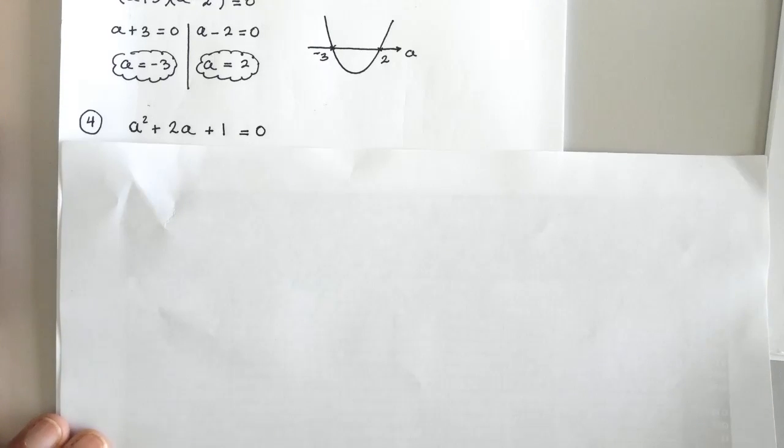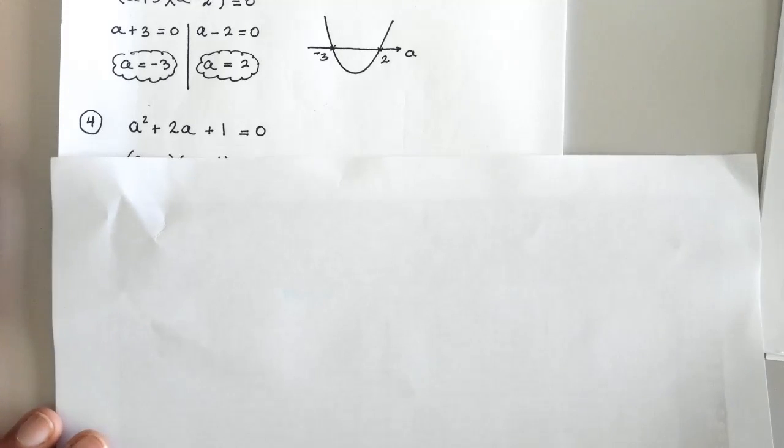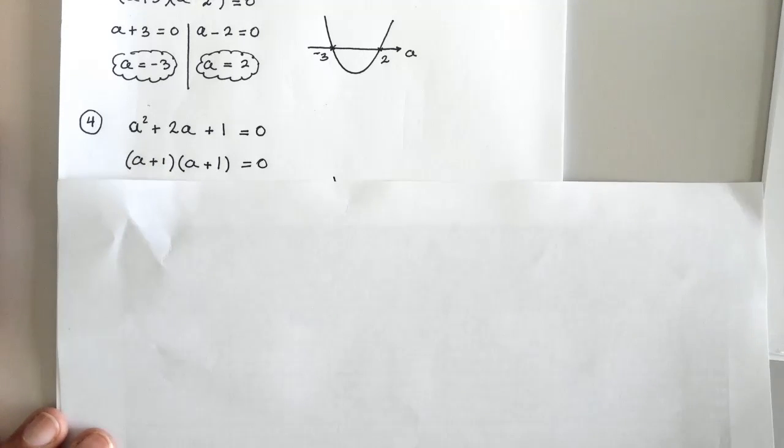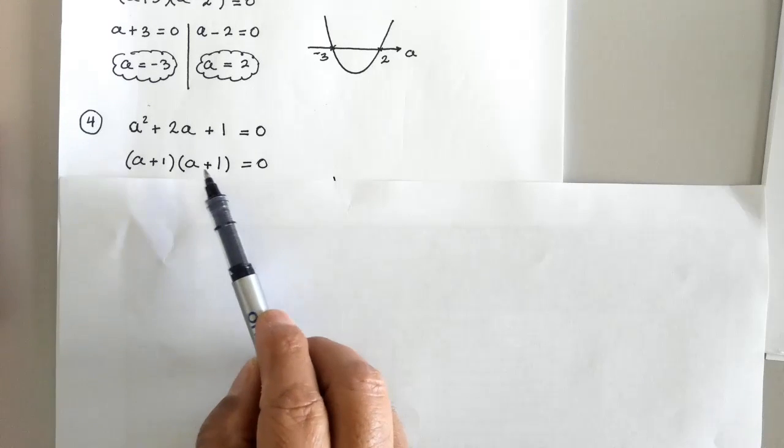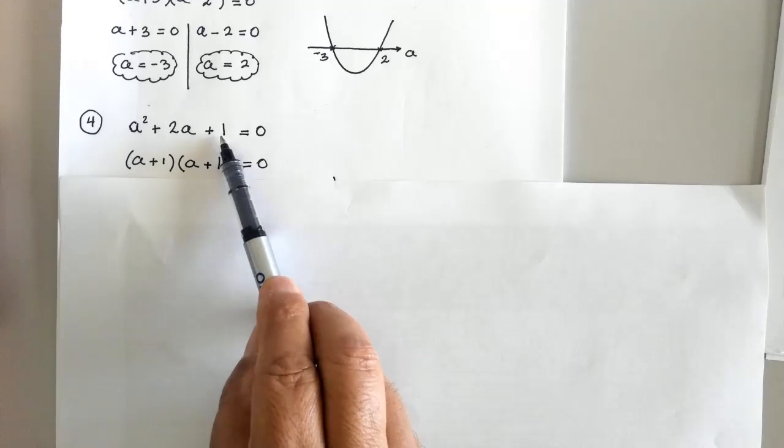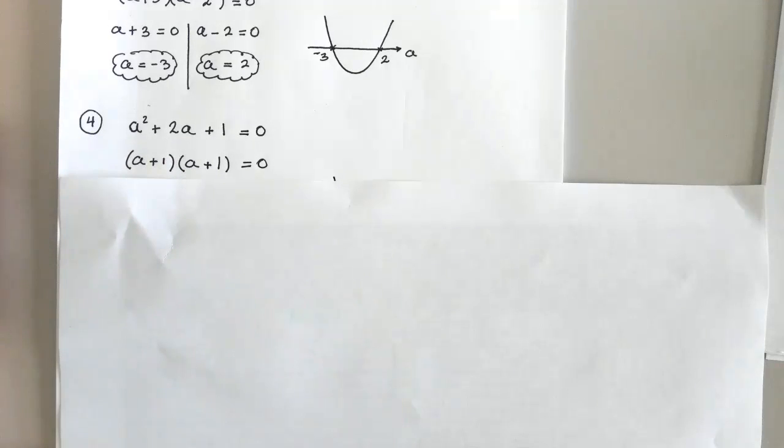If you factorize this, we need to find two numbers that when you times them together equal +1, but when you plus them together equal 2. What happened in this case is that the two numbers are the same. So we have +1 and +1. It works because 1 times 1 is 1, and 1 plus 1 is equal to 2. And we call that a perfect square.